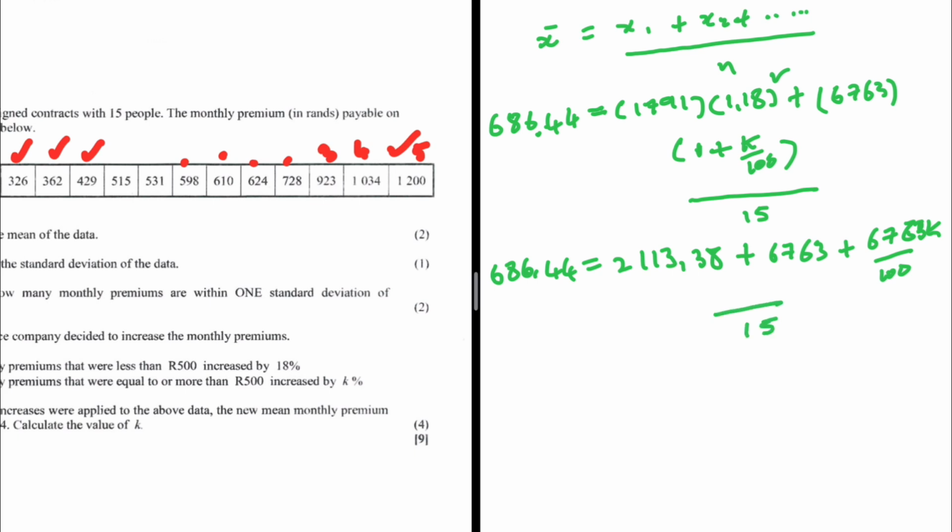Obviously we can cross multiply, right? So we're going to have 686.44 multiplied by 15, which is 10,296.6, being equal to 2,113.38 plus 6,763.